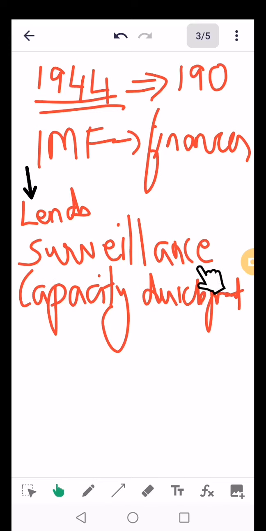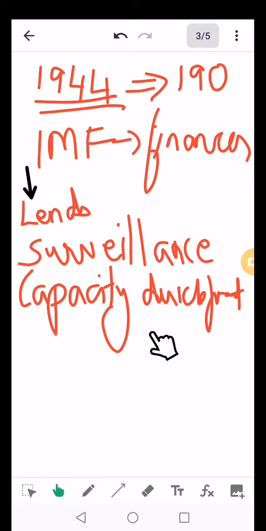It plays the role of a regulator, like how RBI finds out what the issue in the country is, what the risk is. IMF also looks at the world economy, finds out the risk, and then suggests certain policies, and then it does the capacity development.